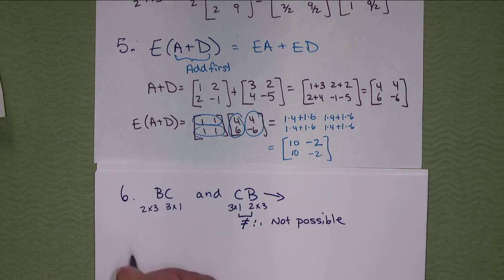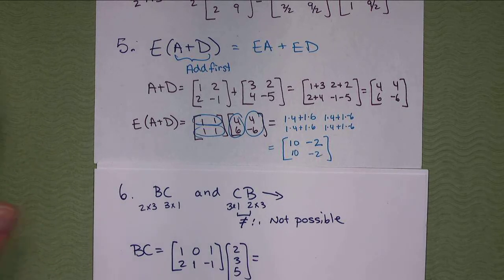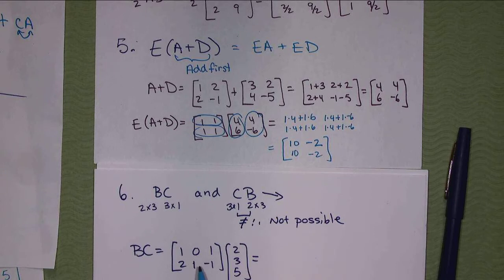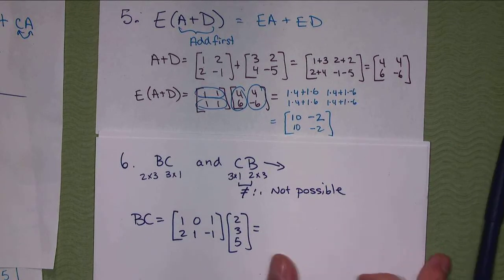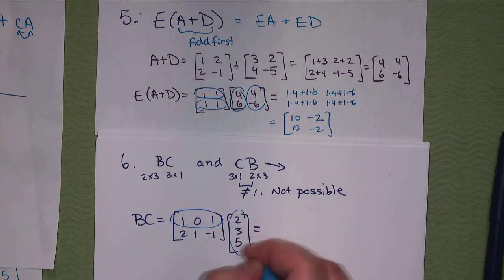B and C. So I'm pausing, hoping that you're just trying it yourself and see if you get the same answer as me. So 1 times 2 plus 0 times 3 plus 1 times 5.